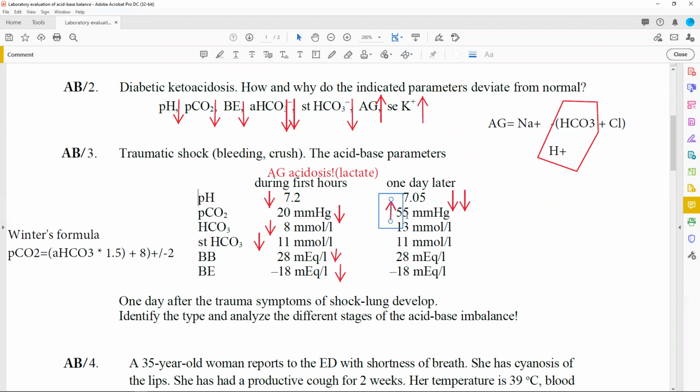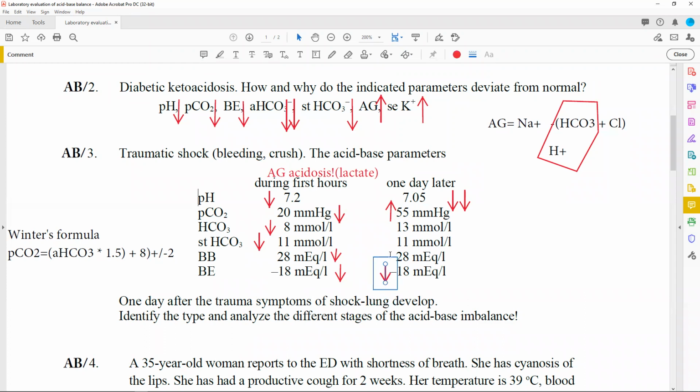So can it explain the changes of pH? Yes, because that's a respiratory acidosis. Now, as you see here, the metabolic component stays the same. If I want you to look at, for example, base excess, it's the same, it's not changed.